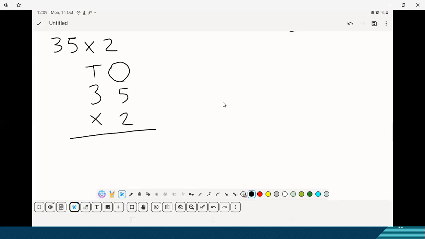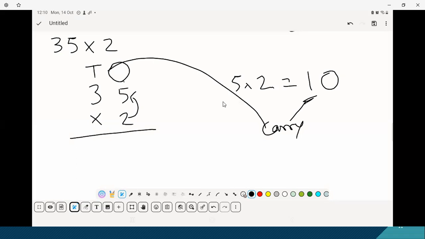Then we have to multiply this 2 with 5. So 5 into 2 is 10. In this 10, this 1 is going to be the carry. And this carry is going to add with the tens group. And this 0 is the answer that will be written right below O, the ones group. So we'll write 0 here.